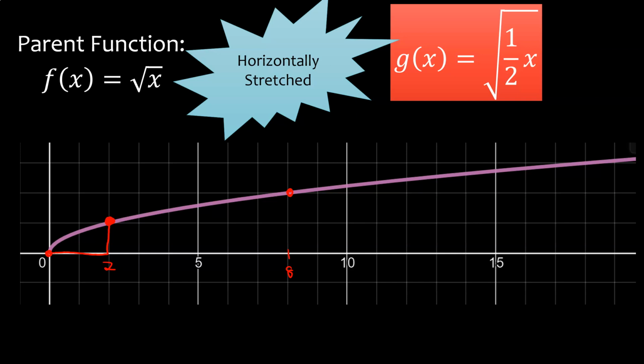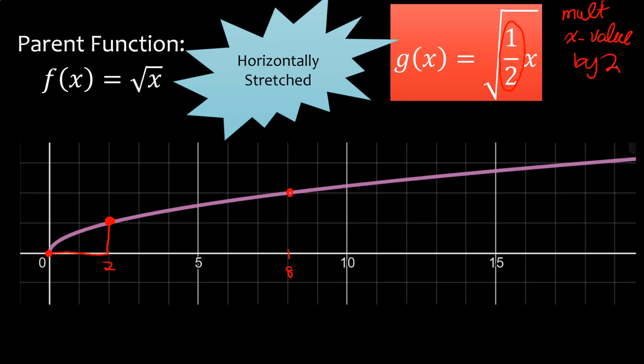Here, we are horizontally stretching it by a factor of 2. The opposite of multiplying by 1/2 is dividing by 1/2. Divided by 1/2 means multiplying by 2. So here we're multiplying the x value by 2.